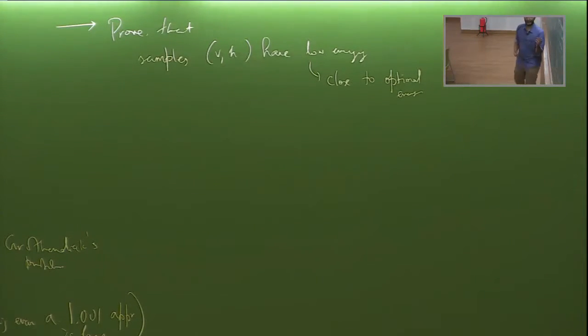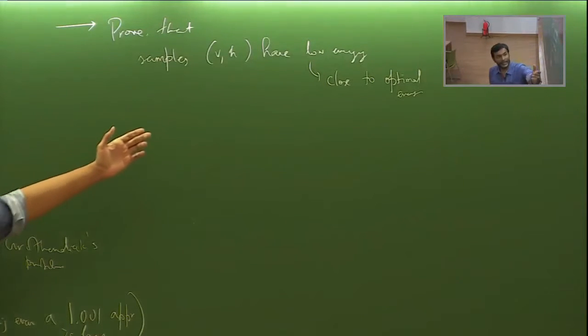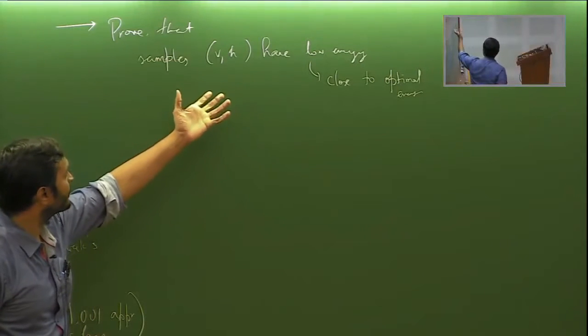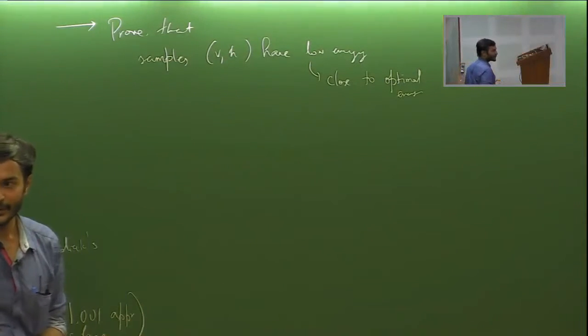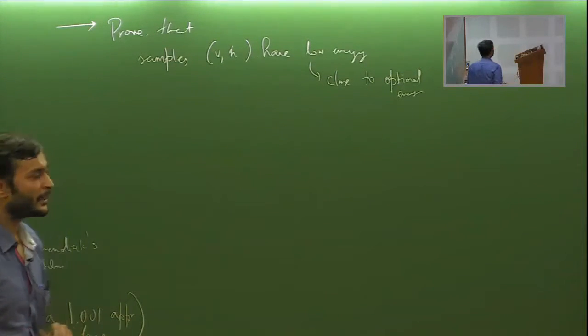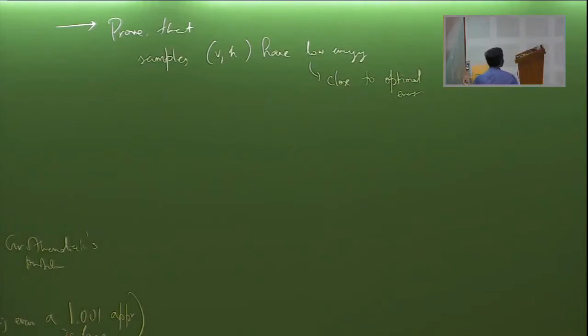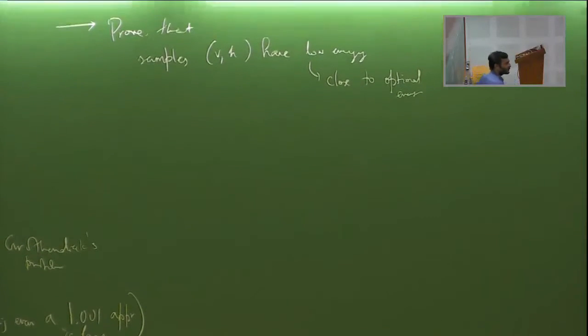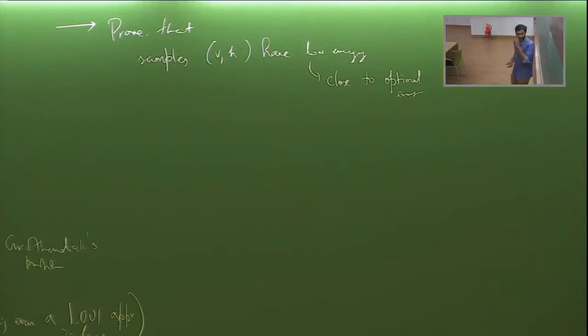So once we play with the parameters, we can show that even if you could sample from a distribution that's somewhat close to the actual distribution, we would end up getting a point that has energy very close to this optimum. And since this is APX hard, we know that in general sampling from the distribution of an RBM is very hard. Okay, so this is one of the insights I wanted to talk about.